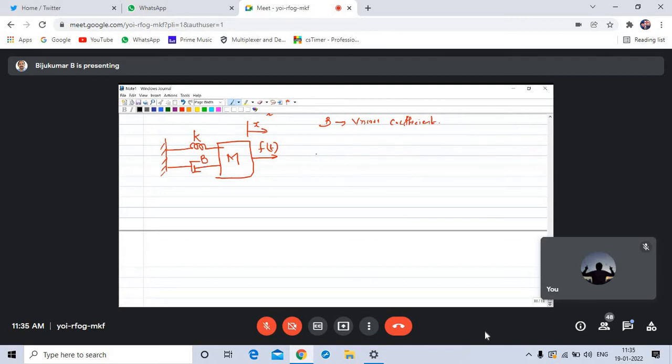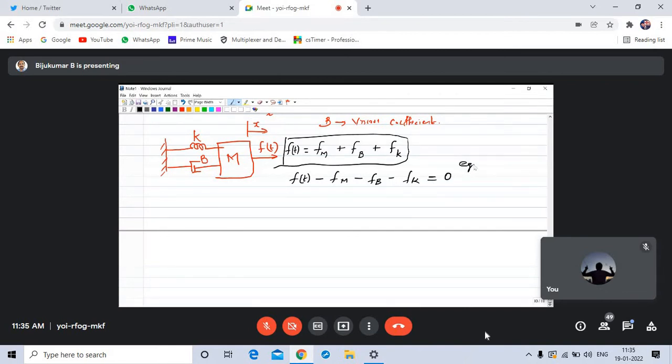Yeah. Using the laws of motion, I think you might have studied in that subject, first year, engineering mechanics. Correct. So using the laws of motion, I think D'Alembert's principle. Have you heard about that? According to D'Alembert's principle, the net force acting on the system is 0, right? So we can write Fm plus Fb, the force due to damper, plus force due to spring, which is equal to the applied force, right? So this will be the applied force, and these are the opposing forces. So according to D'Alembert's principle, we can write f minus Fm minus Fb minus Fk equal to 0 under equilibrium condition.